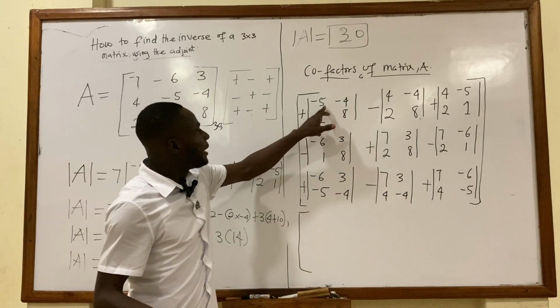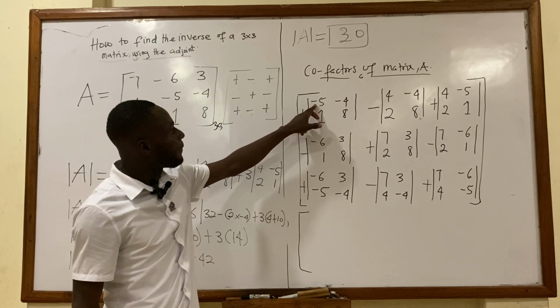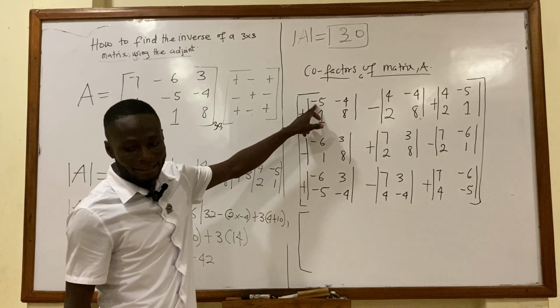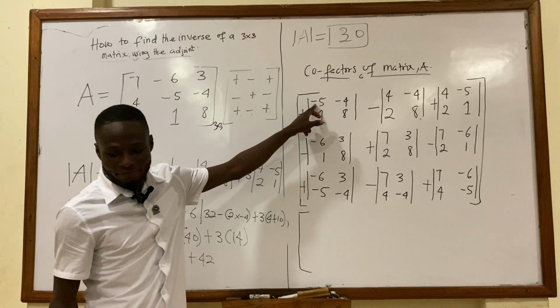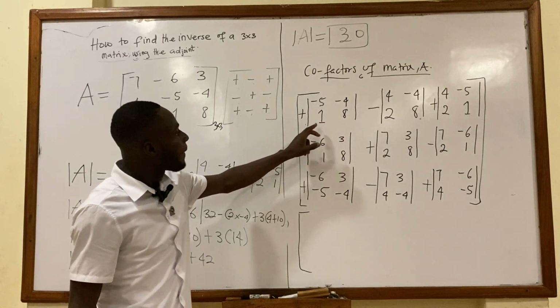Now, 8 times minus 5, and that is minus 40, right?